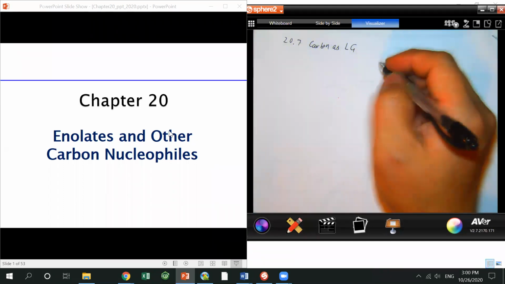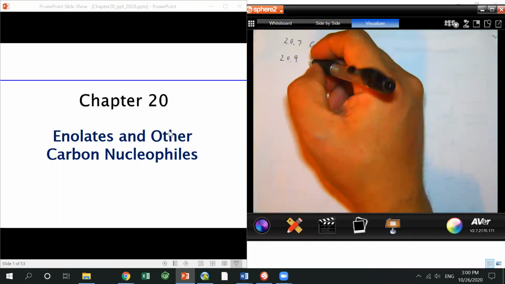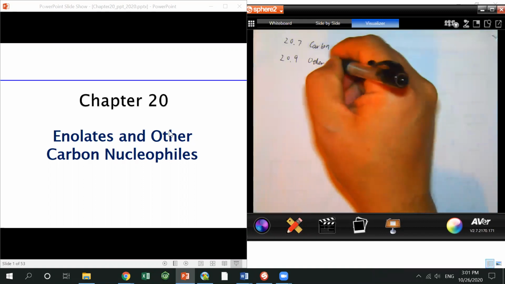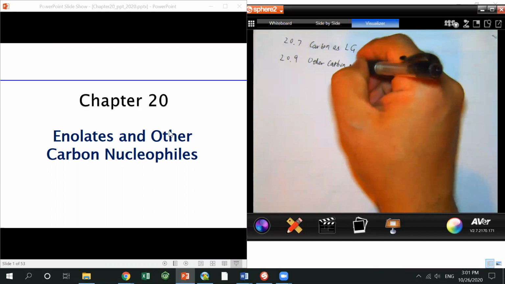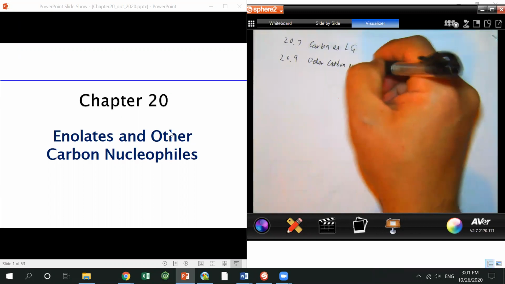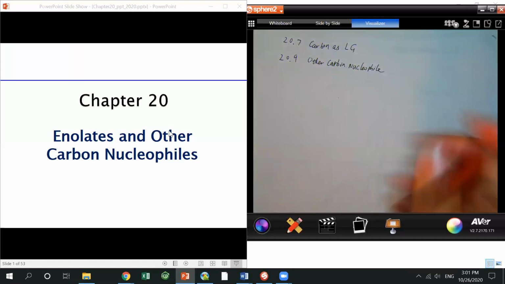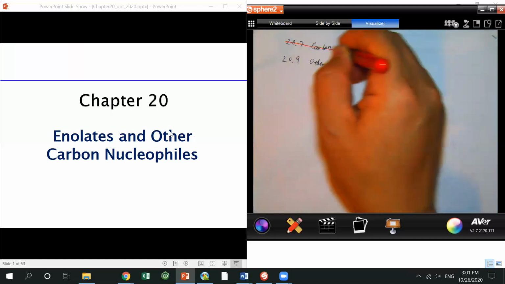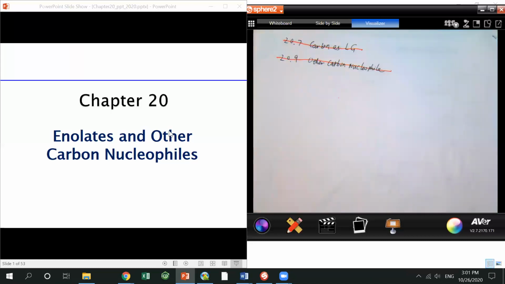And the second one is section 29, the other carbon nucleophiles. These two sections are less important, so we won't cover them during the lecture. You don't need to study these two sections.